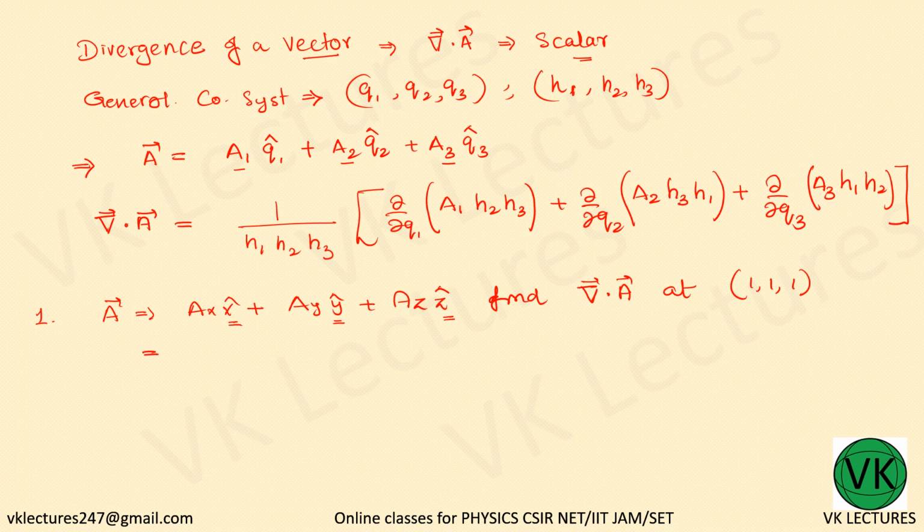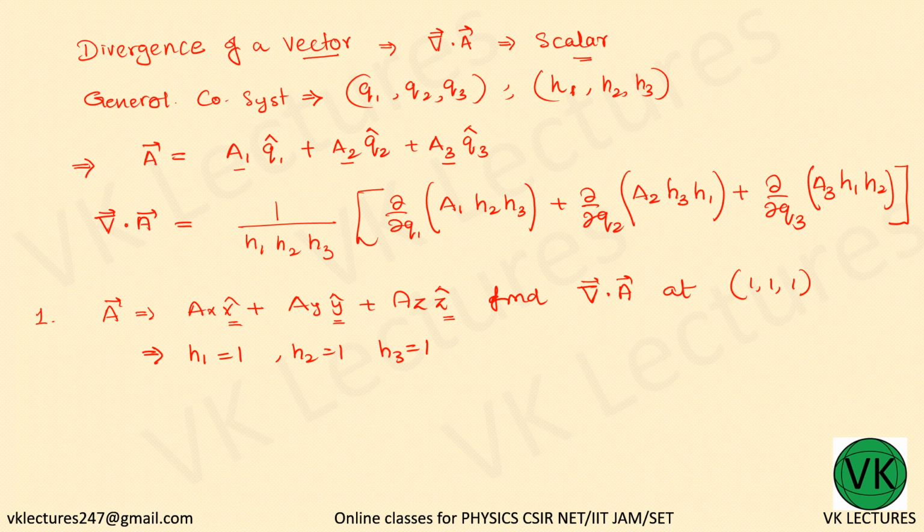So let us start with 1 by h1 h2 h3. For Cartesian coordinate system, h1 equal to 1, h2 equal to 1, h3 equal to 1. So this term is 1.